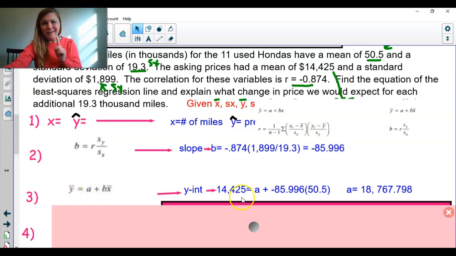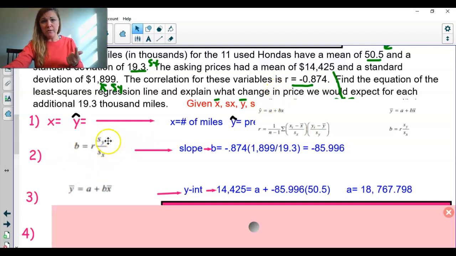Y bar is 14,425. I do not know my y-intercept yet. I do know my slope, and I do know my average for X, my X bar. What I'm going to do now is use algebra to solve for A. So I'm going to multiply this together and then add it to 14,425 to get 18,767.798.